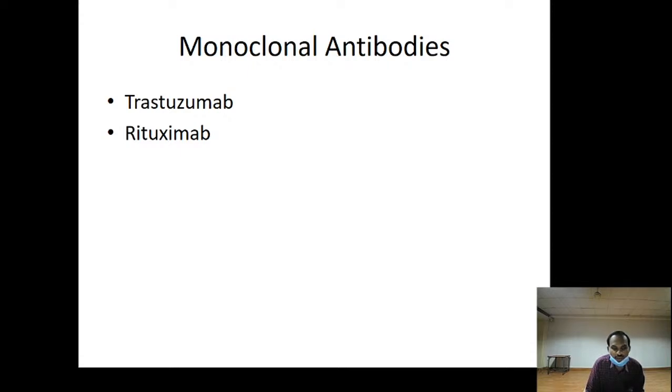If you block the CD20 receptor by using rituximab, that will help in controlling the rate of proliferation of the cells in non-Hodgkin's lymphoma. So the anti-CD20 monoclonal antibody is rituximab, whereas the monoclonal antibody against the HER2 breast cancer cell receptor is trastuzumab. So rituximab is used in non-Hodgkin's lymphoma, trastuzumab is used in breast cancer.